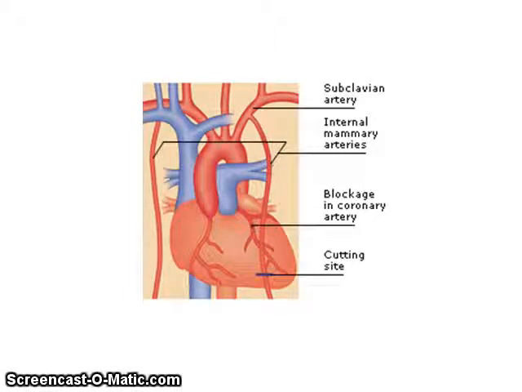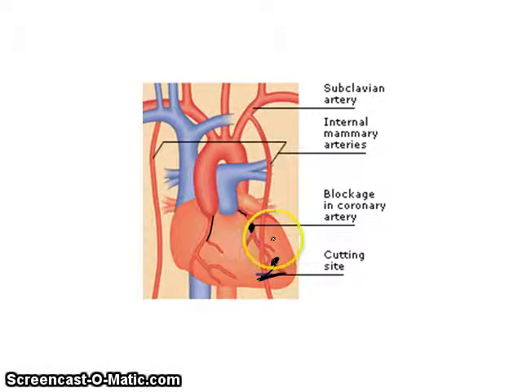Let's pretend there is a blockage. This would be the right coronary artery, and this is the left coronary artery. Let's pretend there's a blockage right here. What they would do is take this internal mammary artery, the left one, cut it from its original location, and then tie it distally of the blockage.